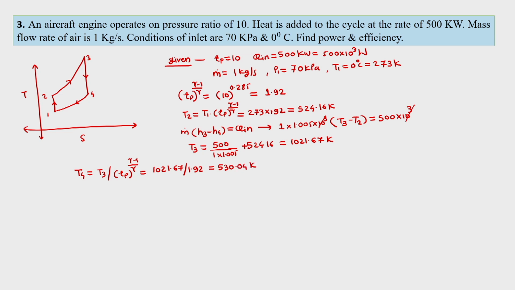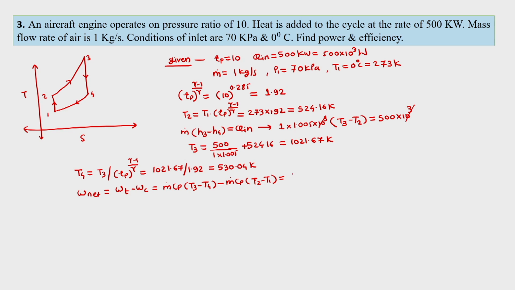Now, knowing all these temperatures at all the corners, we can find out W net, which is equal to m dot into Wt minus Wc, and Wt is m dot into Cp into T3 minus T4 minus m dot Cp into T2 minus T1, that is turbine work minus compressor work.